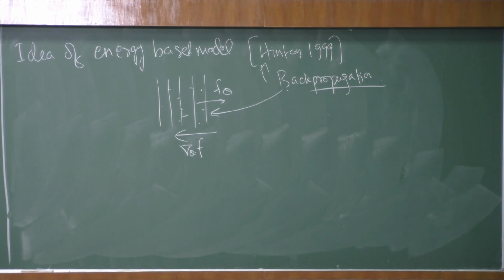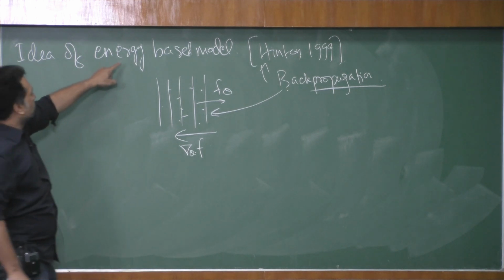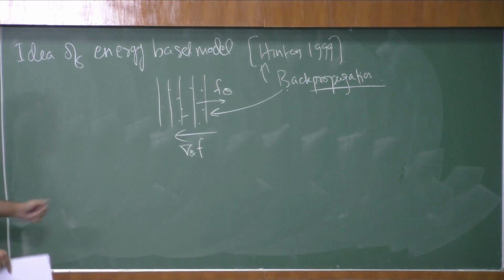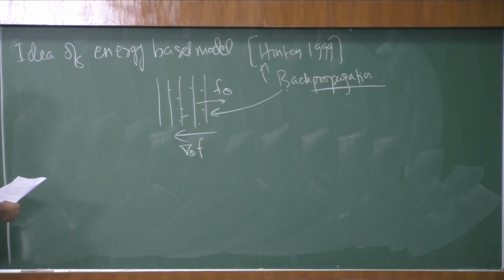Okay, so that's the topic of a machine learning course, and even in our case, we don't bother. So the point is, this is about energy-based models, and this refers to Hinton, and he did some other kinds of work as well. So the idea goes to Hinton, and the basic idea is the following.